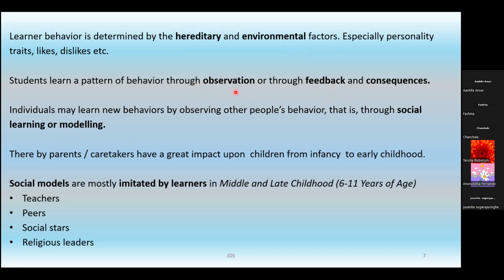It's a very powerful tool in stabilizing the behavioral patterns of a particular learner, particularly children. More than adults, children need to have someone, it can be the parent or an adult, to observe and then follow that particular behavioral pattern. And also feedback.